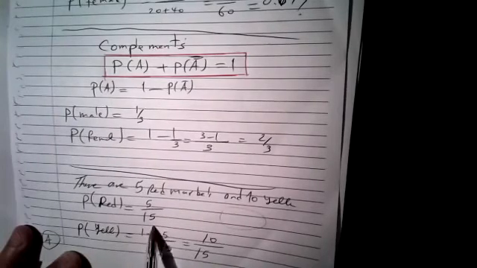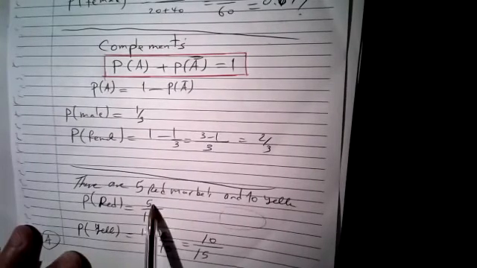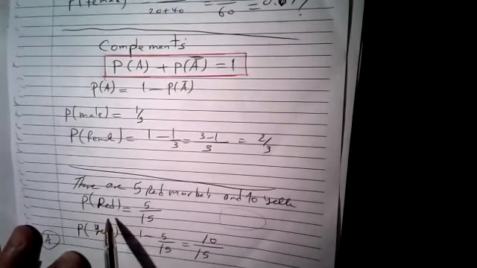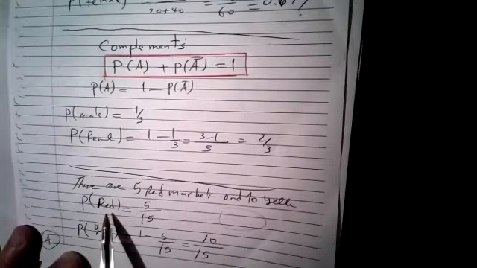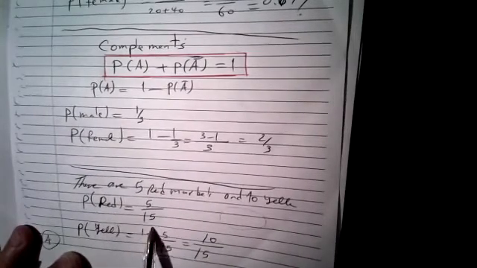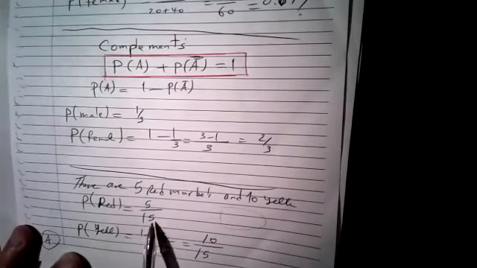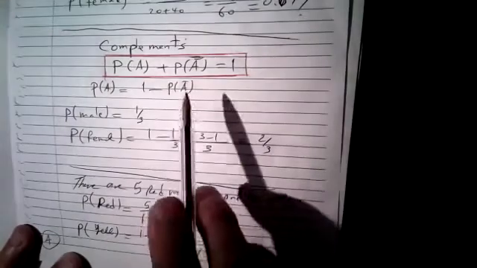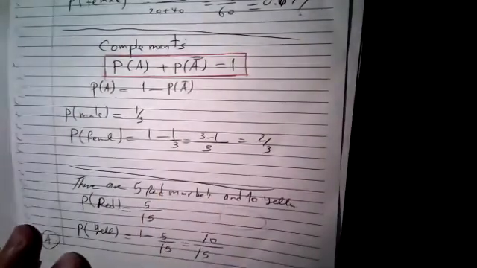And out of these 15, how many of them are red? 5. So the probability of randomly selecting one marble and it being red is 5 over 15. So in that case, if I want to find the probability of the yellow one, all I need to do, according to this formula, is subtract it from 1.